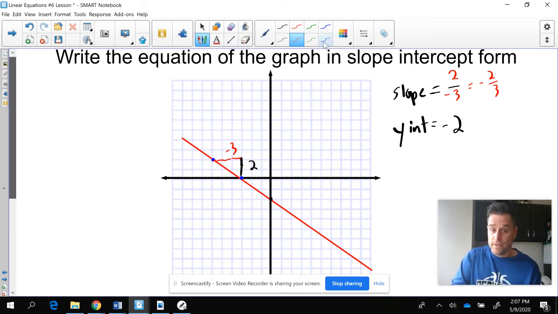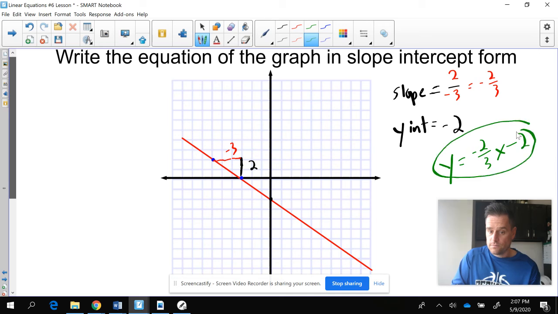So we have basically the answer. Y equals -2/3 x minus 2. You can kind of check this: -2, 3. It always works. Rise over run, or you could go down -2 over 3.